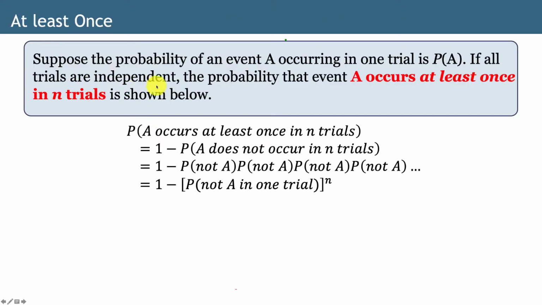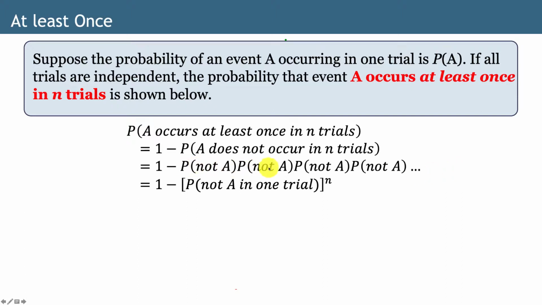And this only works with independent probabilities, though. So the probability that something occurs at least once in n trials can be calculated like this. The opposite of at least once is none. If it's happening none, not at all, in n trials, that's like saying it does not happen, does not happen, does not happen, n times.